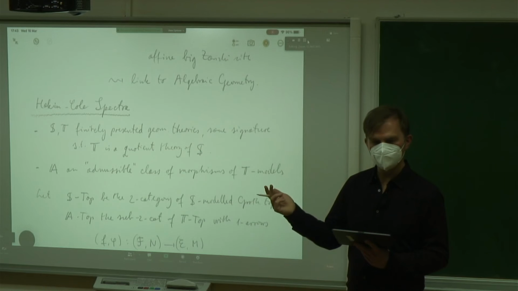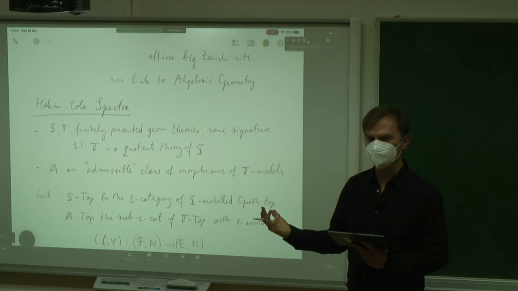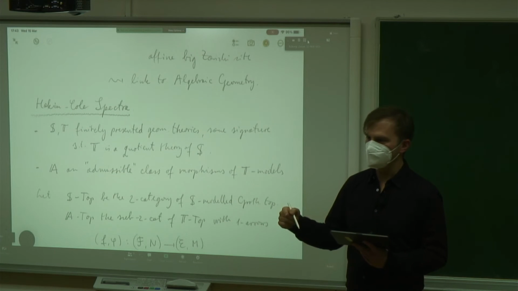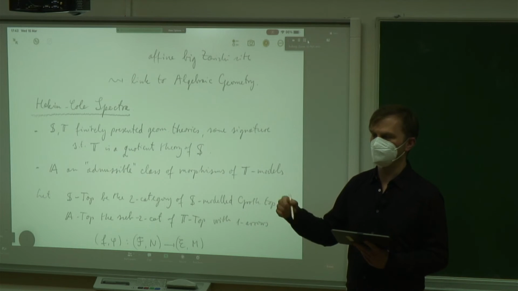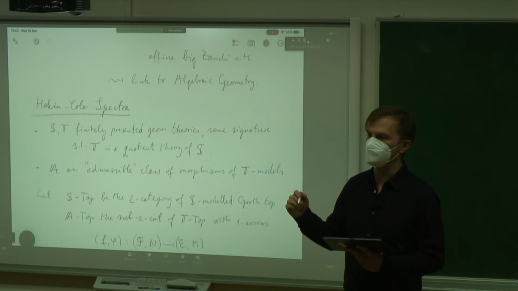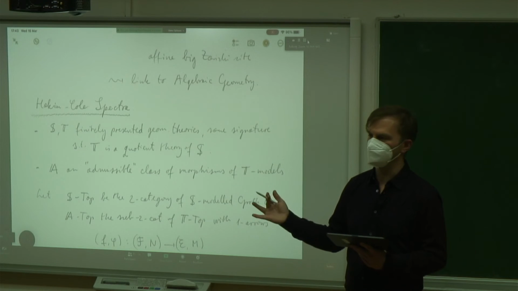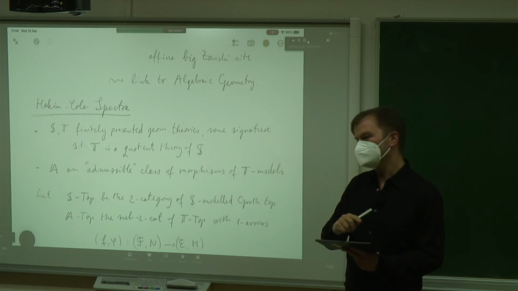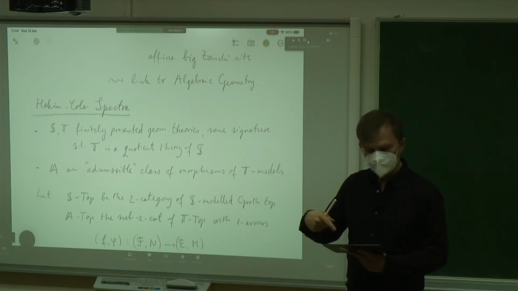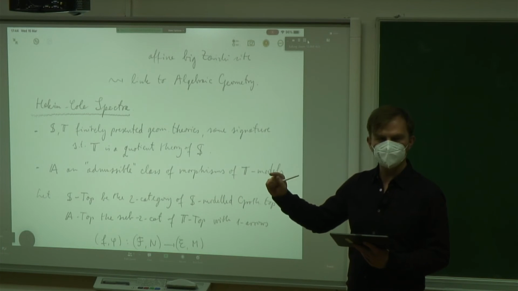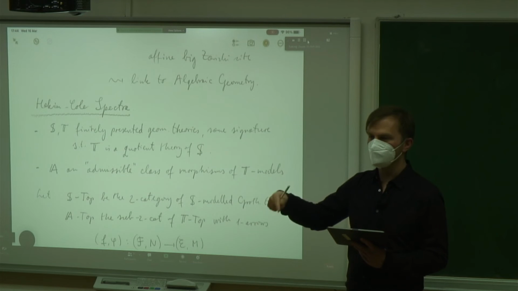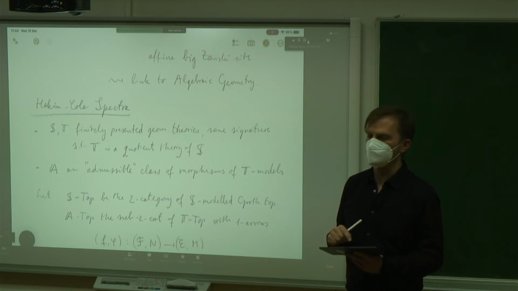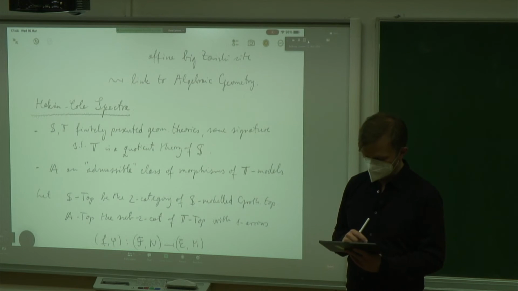Homomorphisms of local rings thought of as models, unfortunately, are just ring homomorphisms. But they're not necessarily local homomorphisms of local rings, so they don't necessarily preserve the unique maximal ideal. That's unfortunate. So what we really want is not just to pass from the theory of rings to local rings, but we also want to consider local rings with local homomorphisms of local rings. And that's why this A, this class of morphisms, is there.